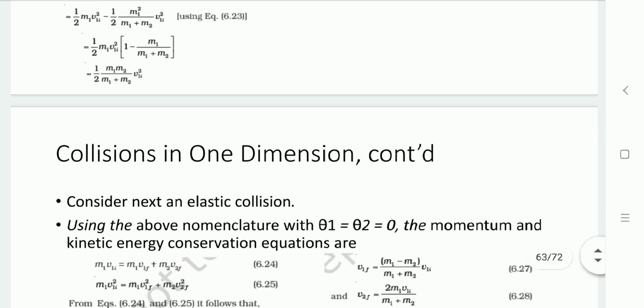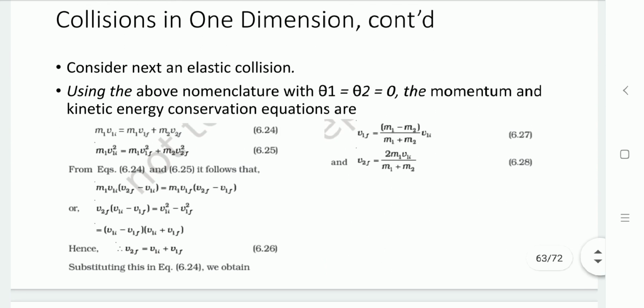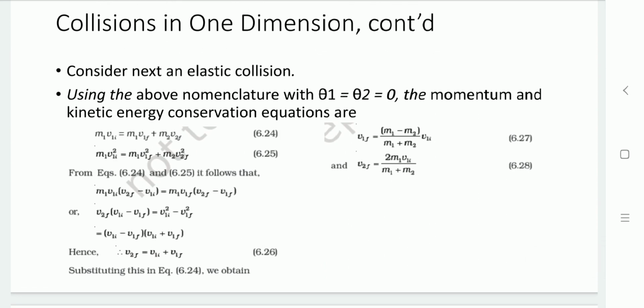Now let us consider this collision for elastic collision. So here theta 1 equals theta 2 equals 0, and the momentum and kinetic energy conservation equations we are having: m1 v1i equals m1 v1f plus m2 v2f, and m1 v1i square equals m1 v1f square plus m2 v2f square.